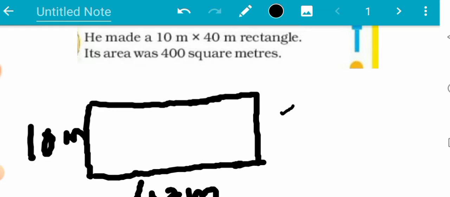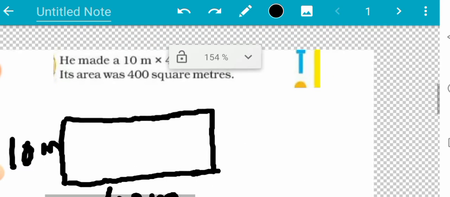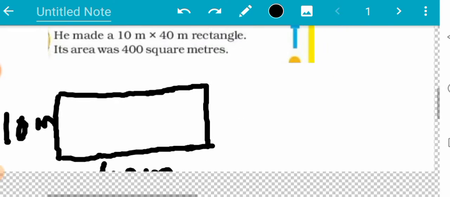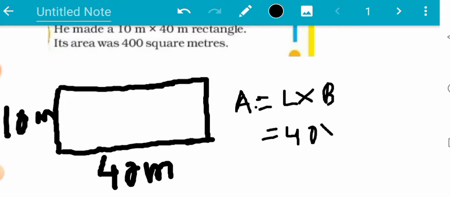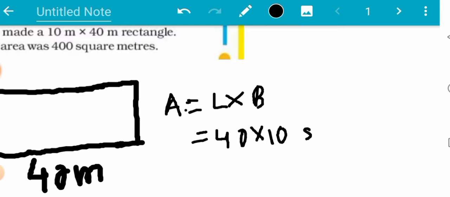The area of a rectangle is equal to length into breadth. So 40 meter into 10 meter, 40 into 10 square meter, it will be 400 square meter.